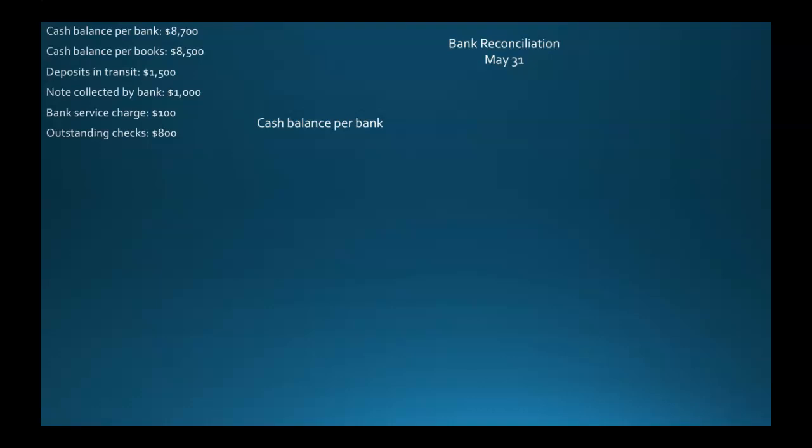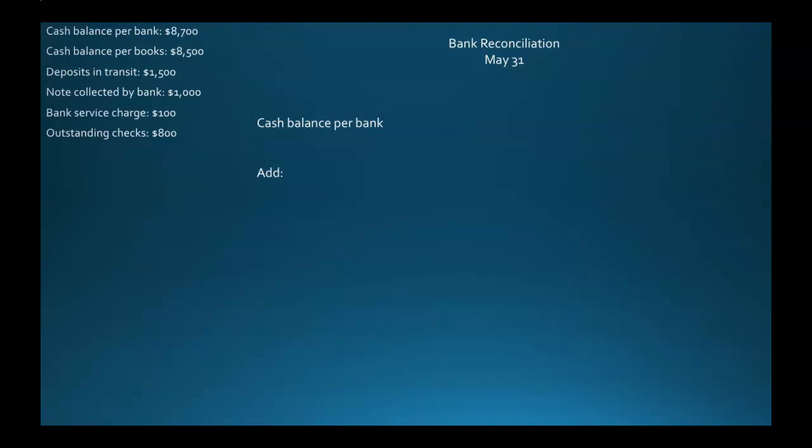What we need to do now is think about what gets added to that cash balance and what gets subtracted from that cash balance. So we will add pieces that will increase the amount of money that we have and the bank doesn't know about yet.